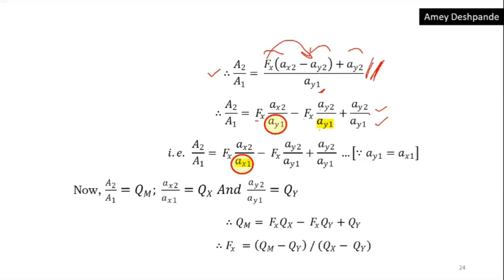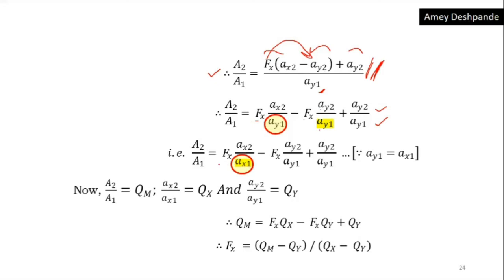Now, you will observe that in two terms it is ay2 upon ay1, ay2 upon ay1, but here it is ax2 upon ay1. Can we replace this ay1 with ax1? Yes, because ax1 and ay1 both are same. So we are going to replace ay1 with ax1.